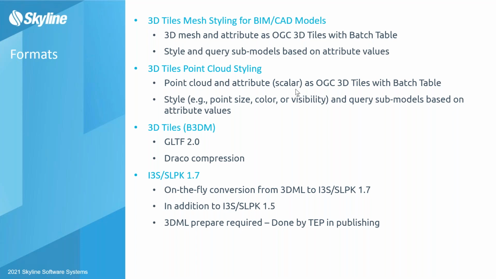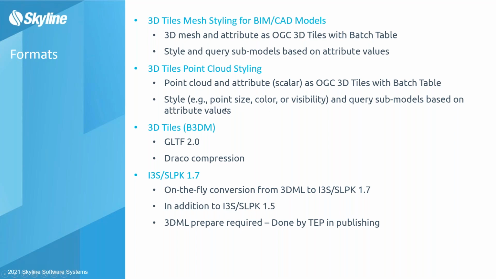So this point cloud information, your LASes and E57, actually had attribute data, or scalars as they're normally referred to in the point cloud area. So each point in the PNTS database actually has a batch table as well, associating the annotation information for each point, and you can query that from within the end client, because the attribute information, the scalar information, is streamed out as part of the 3D tiles format in the batch table.